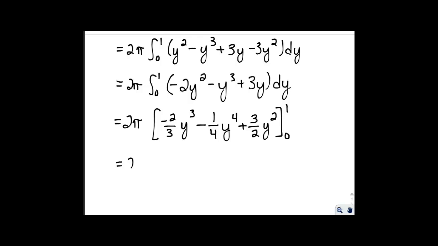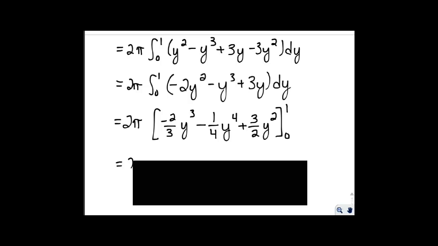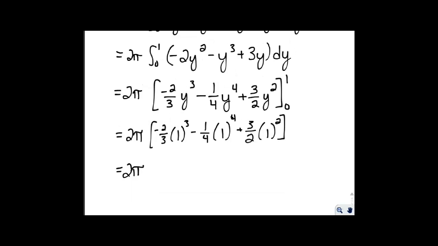So we get 2 pi times negative 2/3 minus 1/4 plus 3 halves.